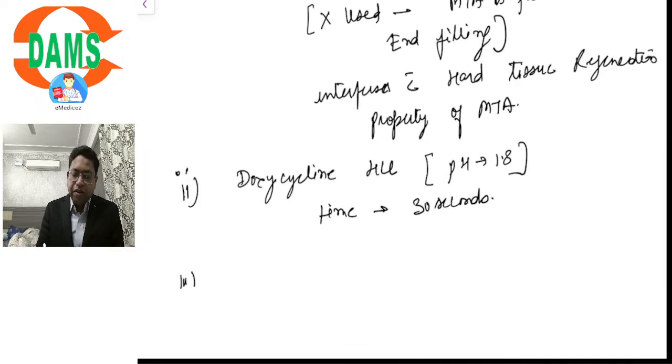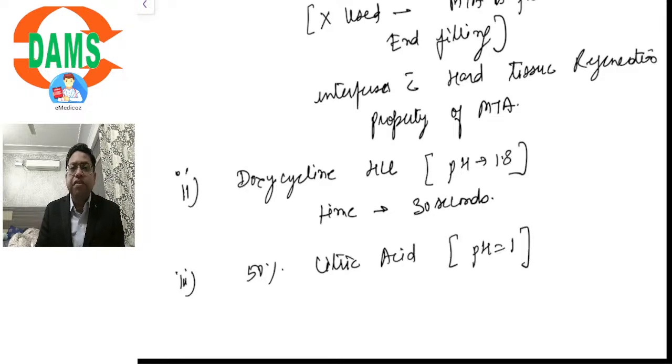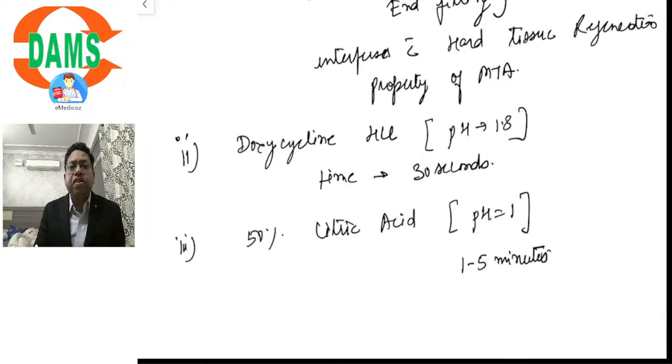The third agent that can be used is 50% citric acid, which has a pH of nearly 1. It is also used for 1 to 5 minutes. These are the three principal agents that can be used for conditioning the resected root end through which we have prepared the cavity before putting the filling material into it. And the only exception that you have to remember is EDTA should not be combined with MTA as a filling material.